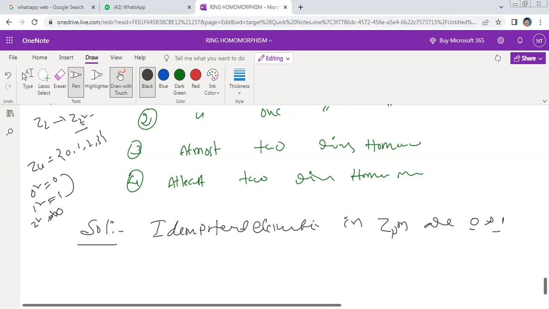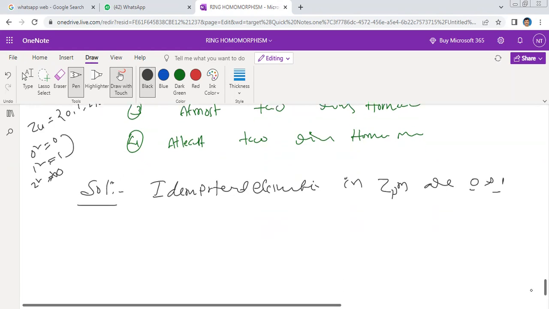Right. Now I want to check which options go away. Can we eliminate any? The image of 1 must be 0 or 1. So f of x is equal to 0x or f of x is equal to 1x.